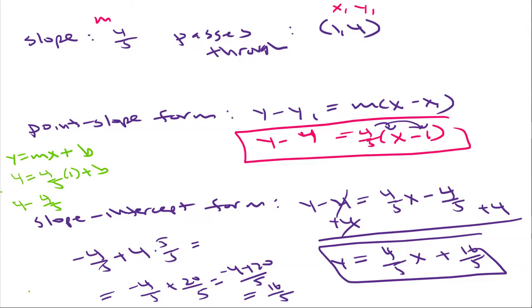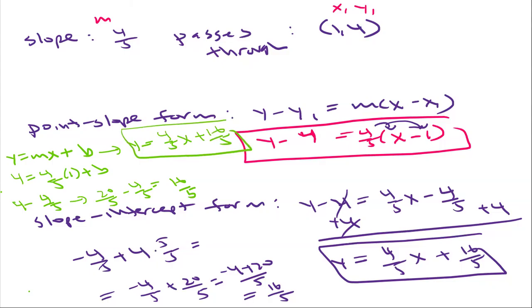So I multiply this by 5/5, which is 20/5 minus 4/5, which gives us 16/5. So in this case, we would have y is equal to 4/5 x plus 16/5. Okay, because what we saw here was the b, and that's what we're looking for.